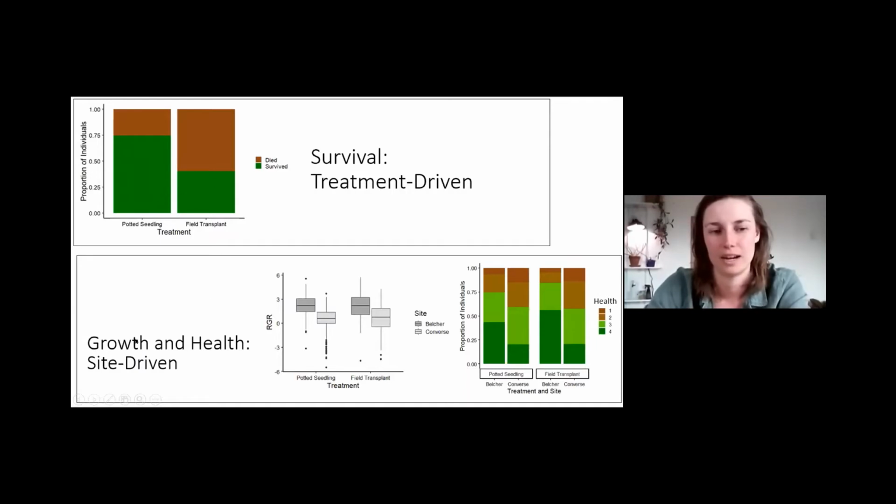But looking at growth and health of those plants, which are just other plant performance measures, what we saw was that the site conditions were way more important than how we added them. And so any of those plants that survived had an equal chance of growing to be large and being healthy at the end of the season.